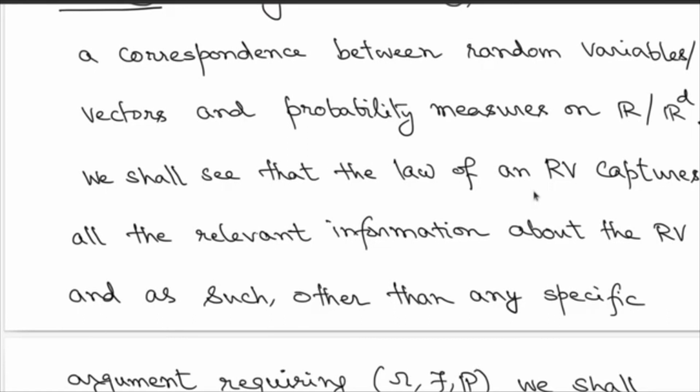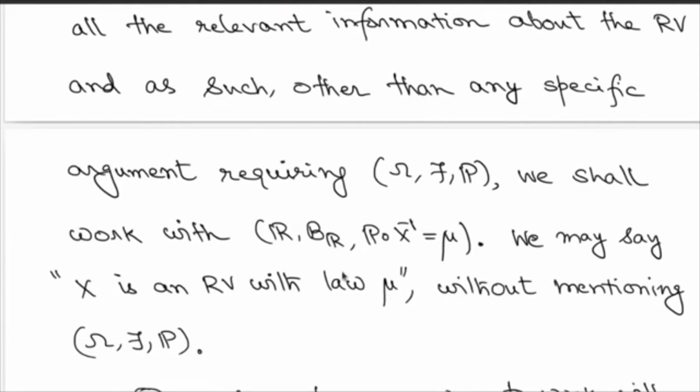Okay. So now in this correspondence between random variables and random vectors and the corresponding law, it so happens that the law becomes quite important. Alright. And since the law captures all the relevant information, what we can do is that we can concentrate our attention purely on the law. So purely on the range side. Okay.